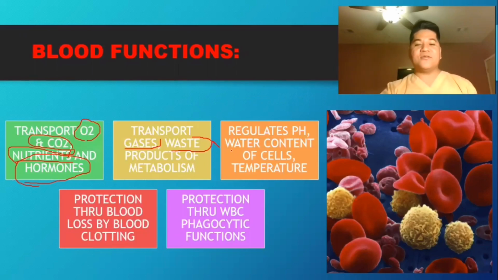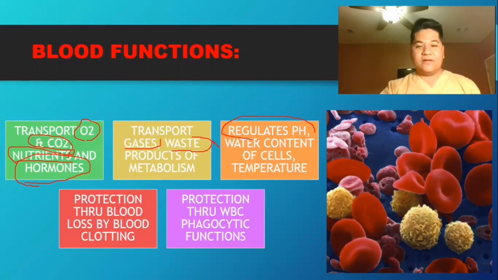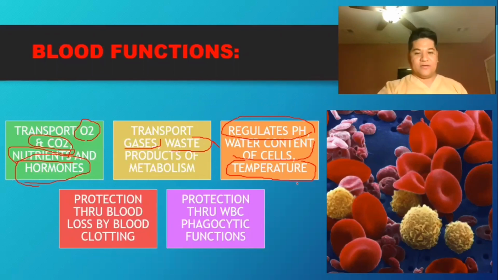Okay, and it also regulates the acidity of our blood itself, and it regulates the water content of the cells through your plasma, and also it regulates the body temperature. So remember, when there is a blood loss, then it will change the body temperature.